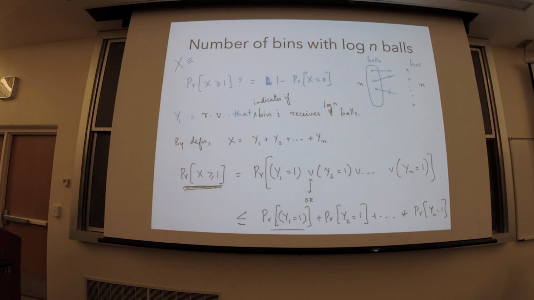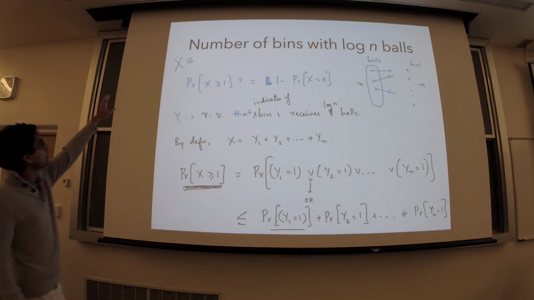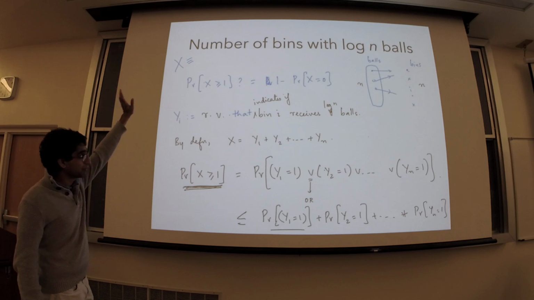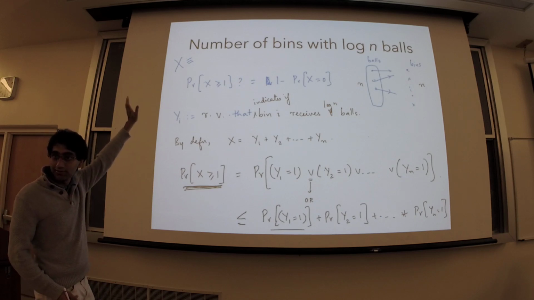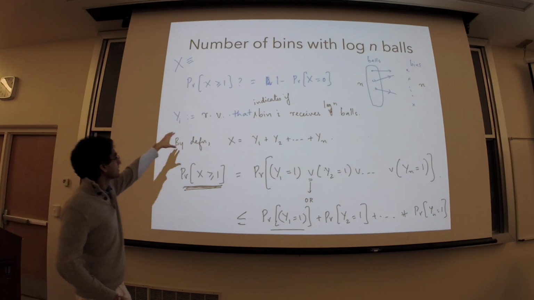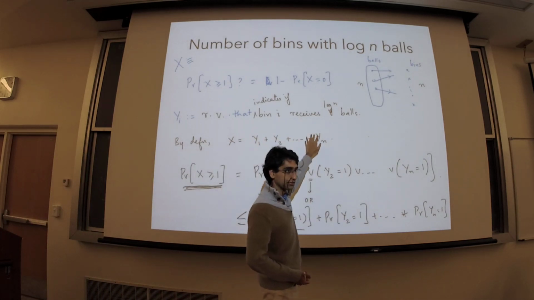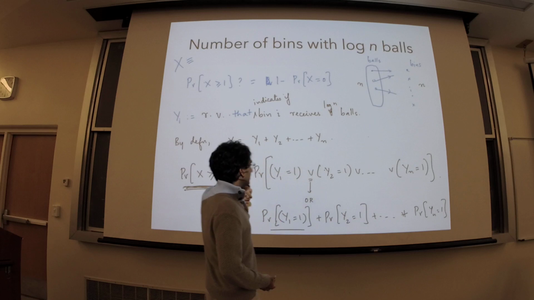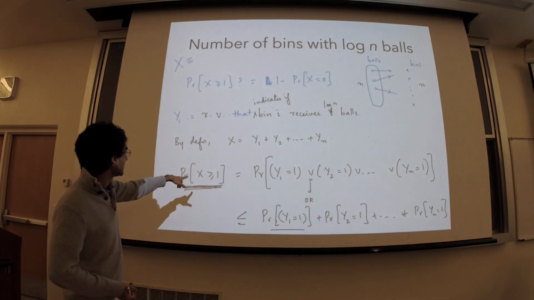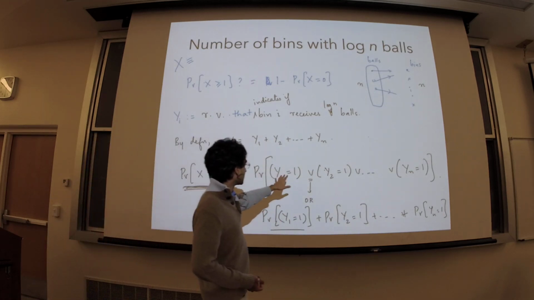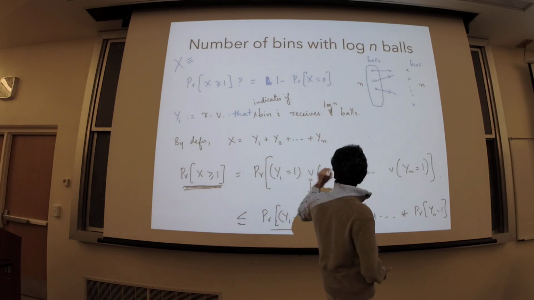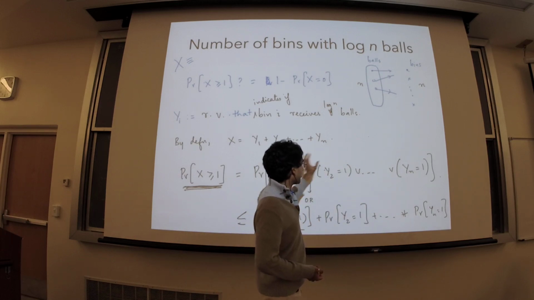What I did is start out with this quantity x, which is the number of bins with log n balls, and write it as a sum of simpler random variables. Then we said that the probability that x is more than or equal to 1 is the same as the probability of the OR of all of these events.